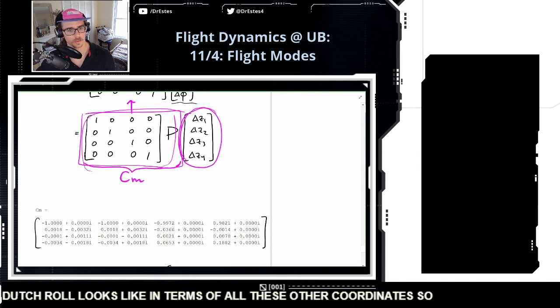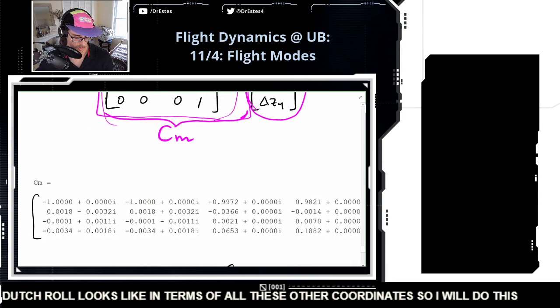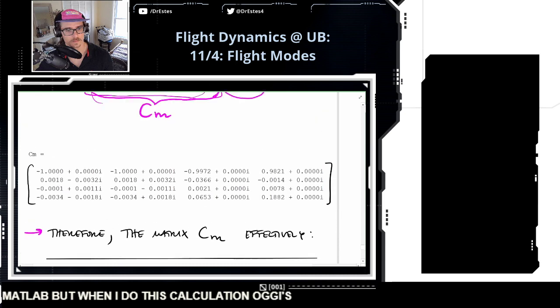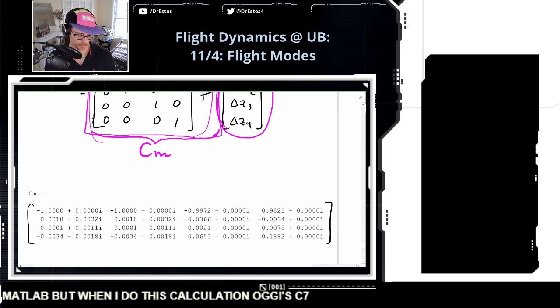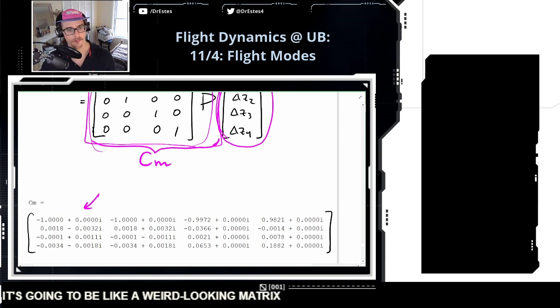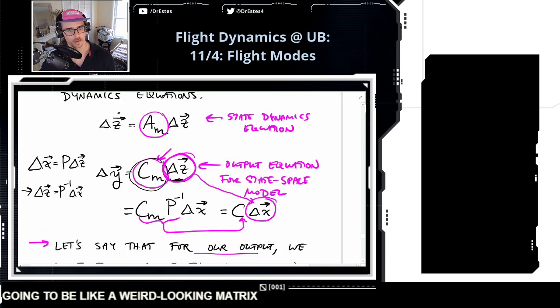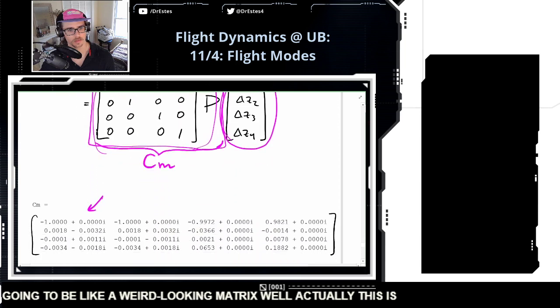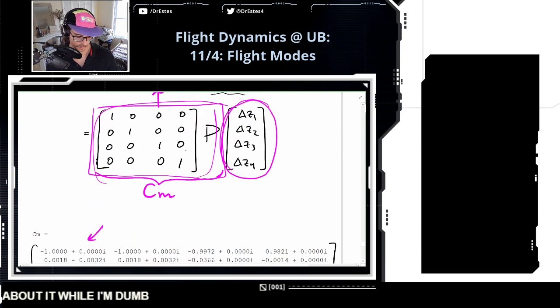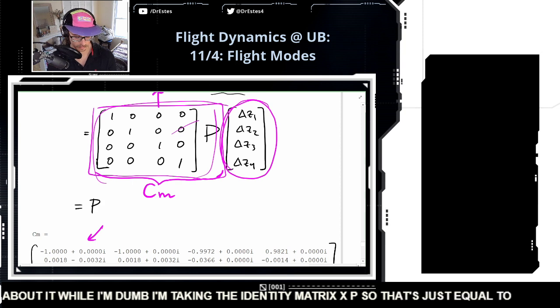So, well, we'll do this in MATLAB, but when I do this calculation, oh, geez. C sub M is going to be equal to this. It's going to be like a weird looking matrix. Well, actually, this is just equal to, now that I think about it, wow, I'm dumb. I'm taking the identity matrix times P. So that's just equal to P. Okay.